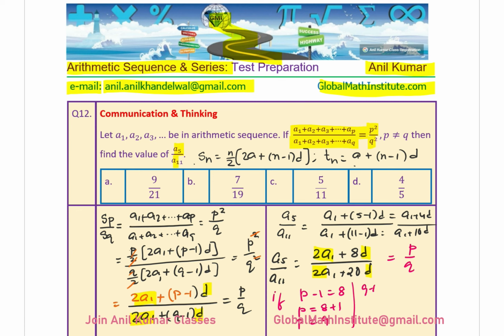Similarly, q minus 1 is 20, and so q equals 20 plus 1, so q equals 21. And therefore, the ratio p over q clearly is 9 over 21, which is your first option.